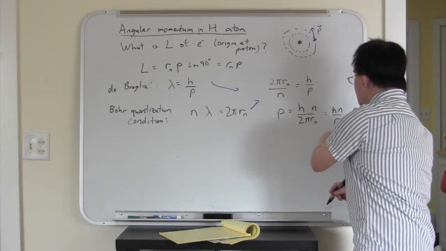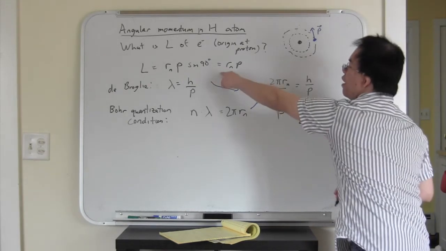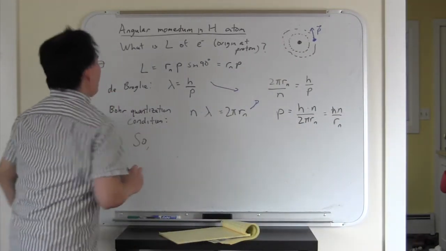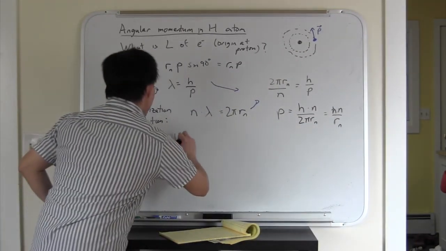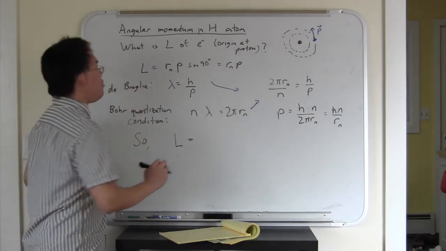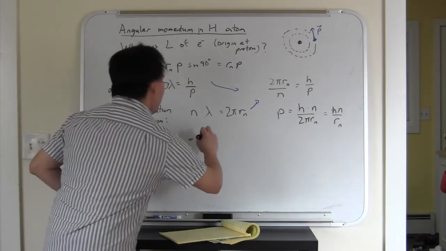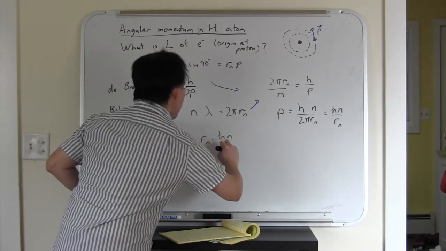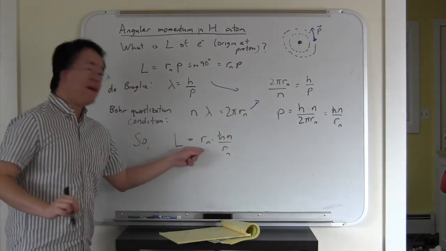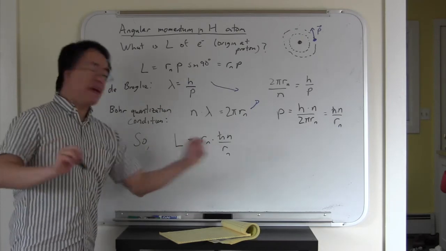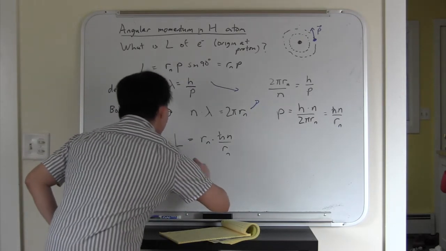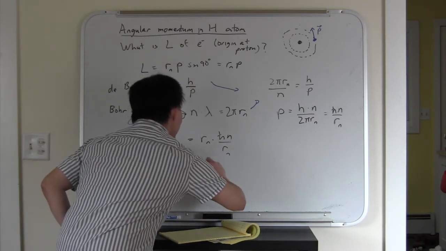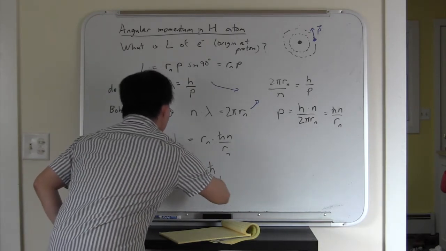So now if we take this result for the momentum and plug that in here, we get the following. The electron has an angular momentum of magnitude r sub n times h bar n over r sub n. Look, the r sub n's cancel, and we get that the angular momentum is equal to n h bar.